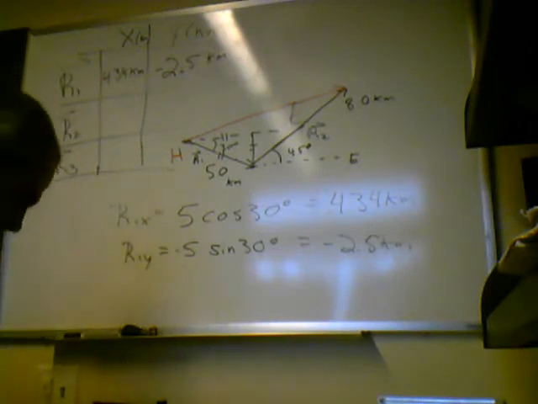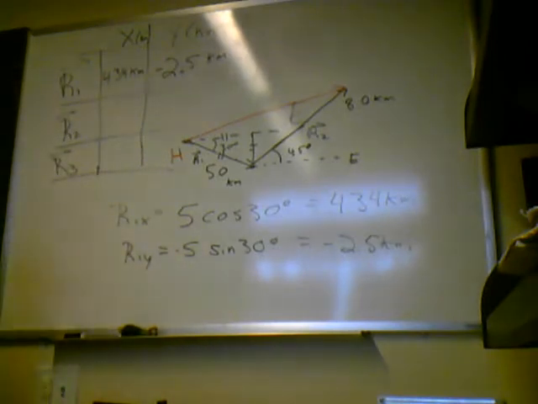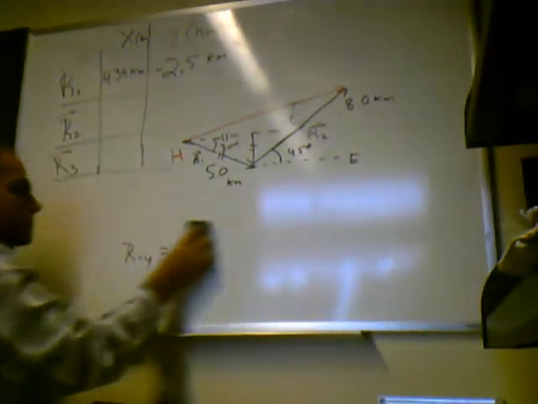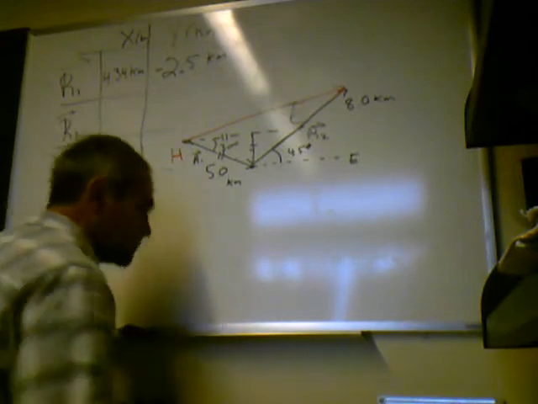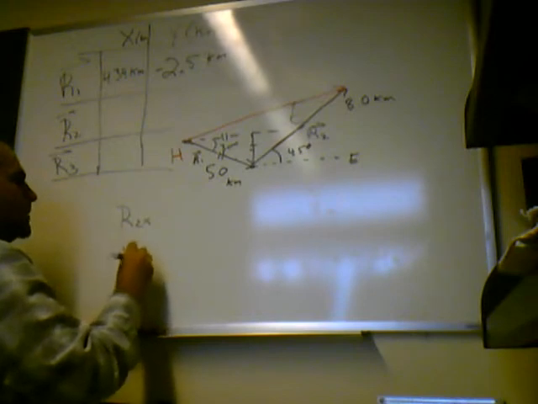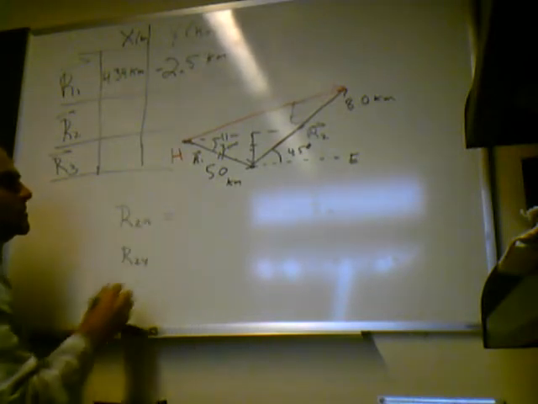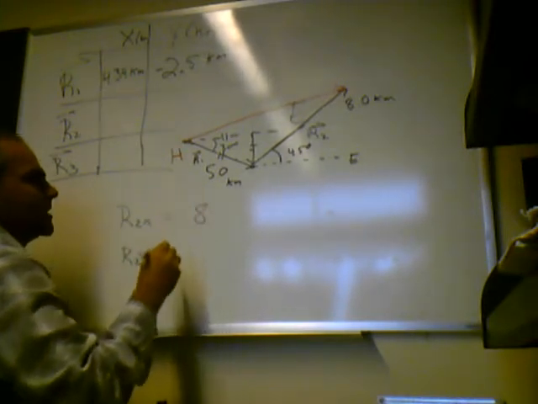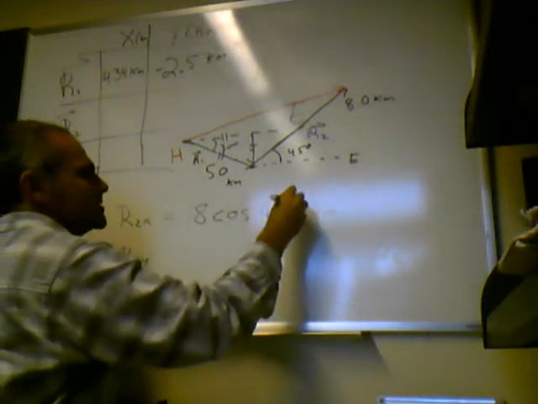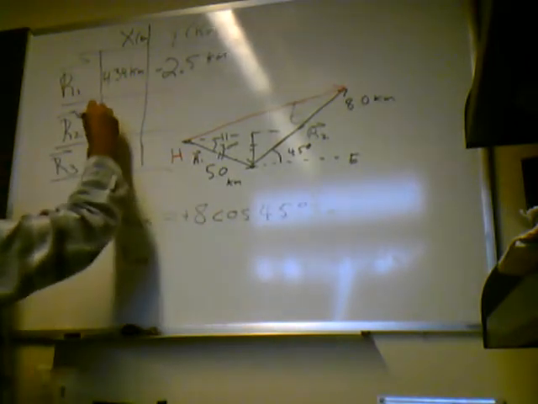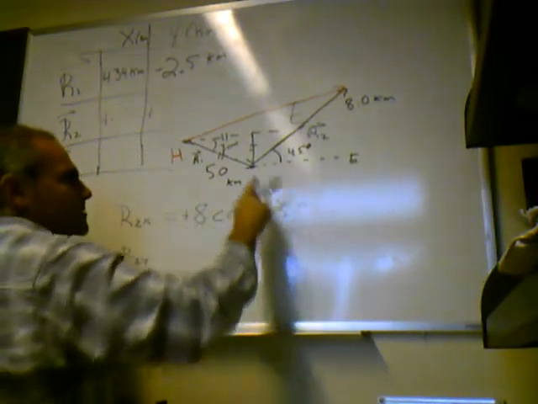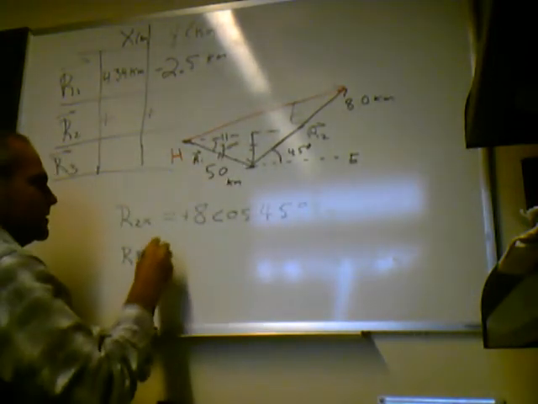Now for R2, I think I'll erase what I wrote here so I have enough space to calculate R2. So I'll find R2x and R2y. R2x is equal to the length of the vector R2, that's 8 kilometers, times the cosine of 45 degrees. And it's positive. They're both positive, so I'll put my plus signs in there because it's going to the east, which is positive x, and it's going north, that's positive y.